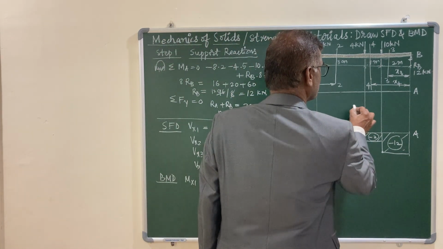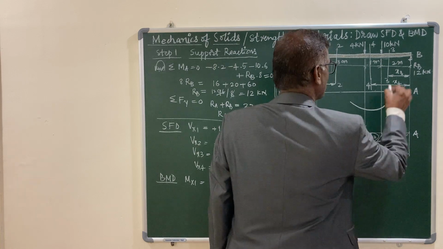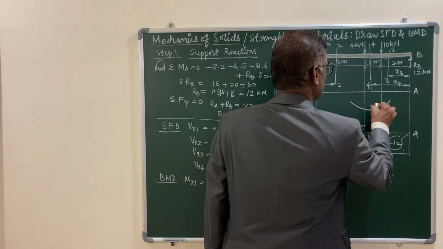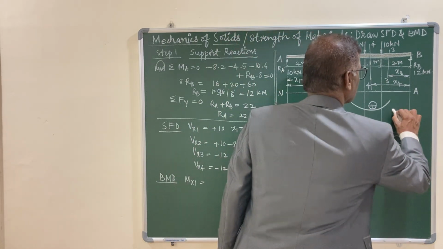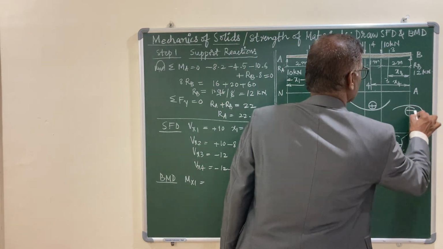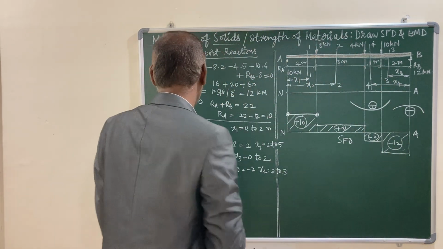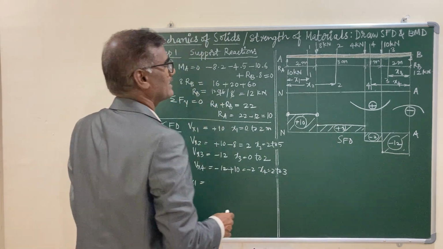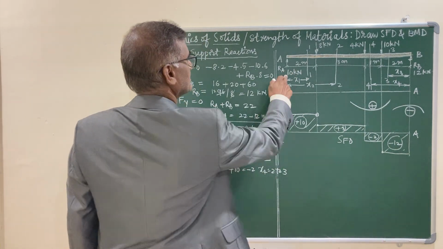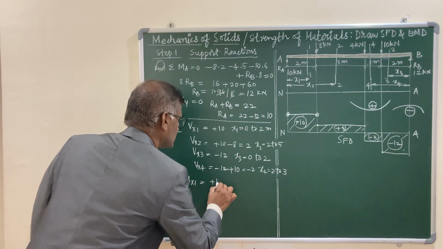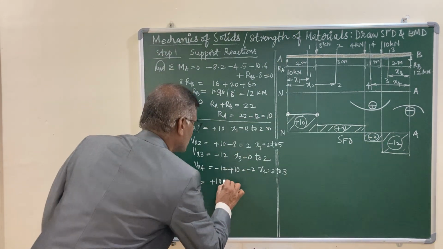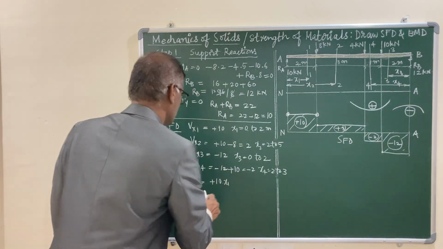If a moment contributes a smile effect, you can call it plus, and a sad effect is minus. So with this notation we will be writing the bending moment equations, first of all the first equation.